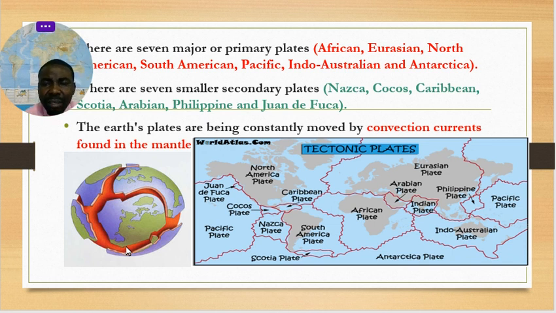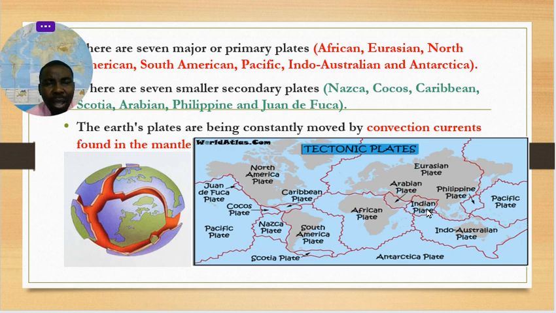You can see from this map the various types of plates: the North American, South American, African, Eurasian, Pacific, Indo-Australia, Antarctica. Then for the minor ones, you can see the Cocos, Caribbean, Nazca, Juan de Fuca, the Arabian, the Indian, and so on.